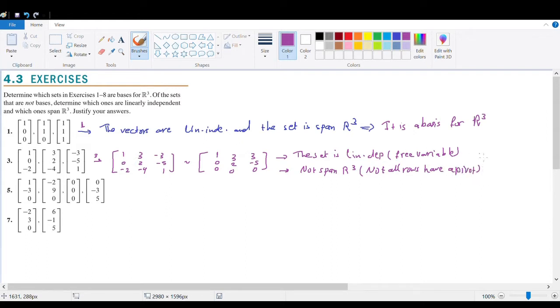So since both conditions are not satisfied, it is not a basis for R3.